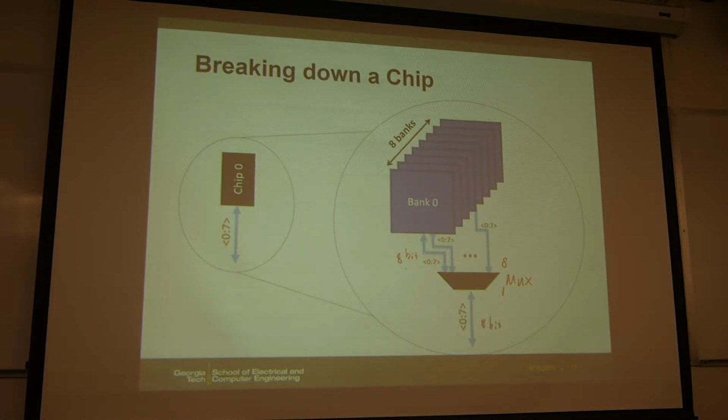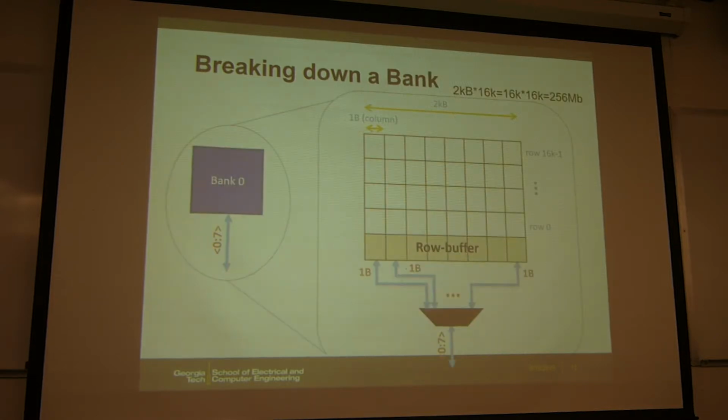And of course, as we further look into the bank, then you can have those rows and columns. In this example, we have 16K rows.